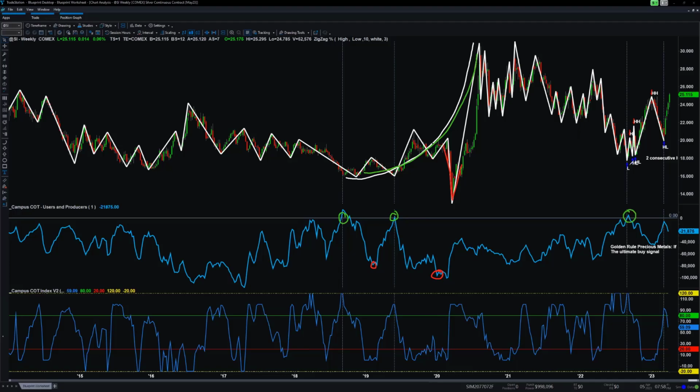And so we had that here again. And this is just the beginning. So we're just at the beginning of a new uptrend. And so what we want to do is buy all those green readings that we can get our hands on.